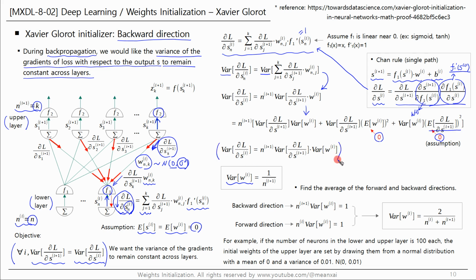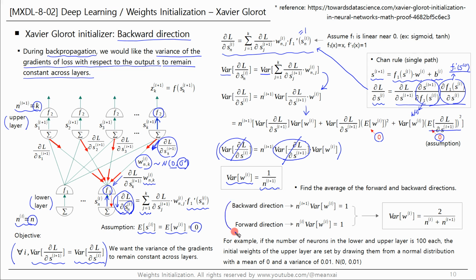Then we can obtain this equation. Since the goal is to make this term and this term equal, we can cancel the two terms in this equation. Then the variance of Wi becomes 1 over Ni plus 1. This is the variance of W that can achieve this goal during backward direction.